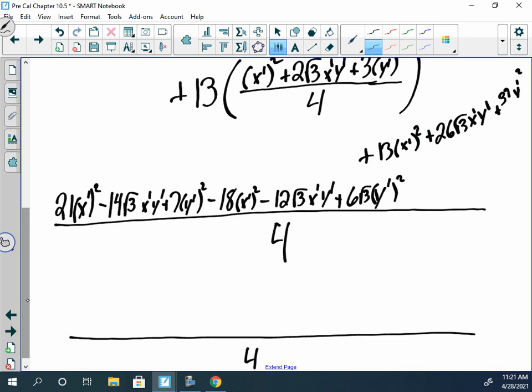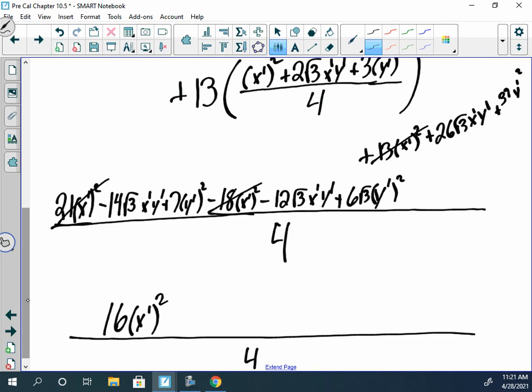So let's look at the x prime squared. I've got 21 minus 18. Well, 21 minus 18 is what? Plus 13 is 16 x prime squared. So I'm going to mark out him, him, and him, so I can keep track of that.